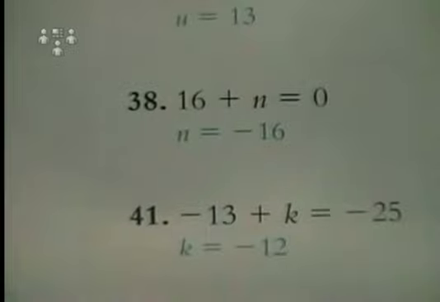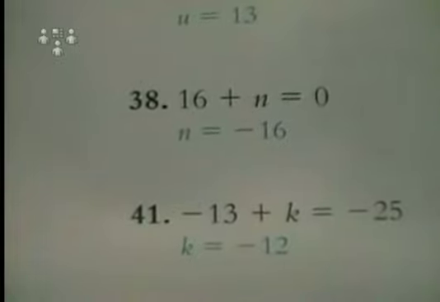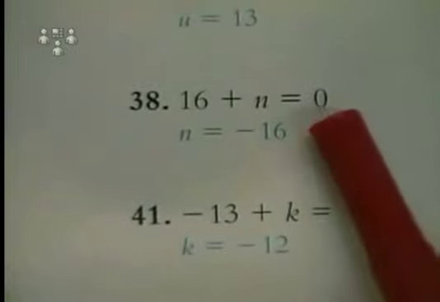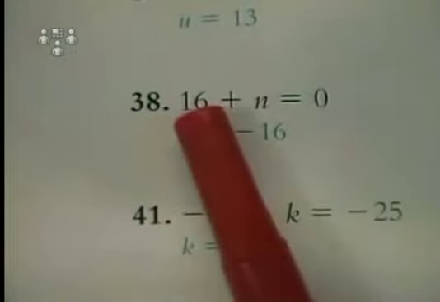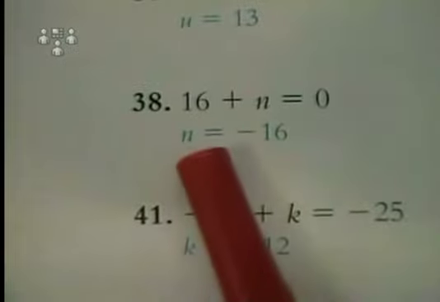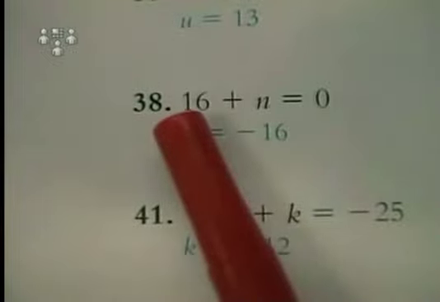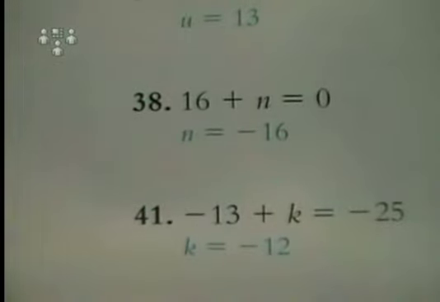I had 16 plus n equals 0. Now, I love that one because if you eyeball it, you have to see negative 16, because that's the inverse of 16. Or you can do what Richie and I have been talking about, and you add negative 16 to both sides. And since 0 plus the negative 16 is negative 16, and this would be 0 now plus n, which is n. The intermediate steps are missing from there. Okay? But 38's a good problem to focus on.